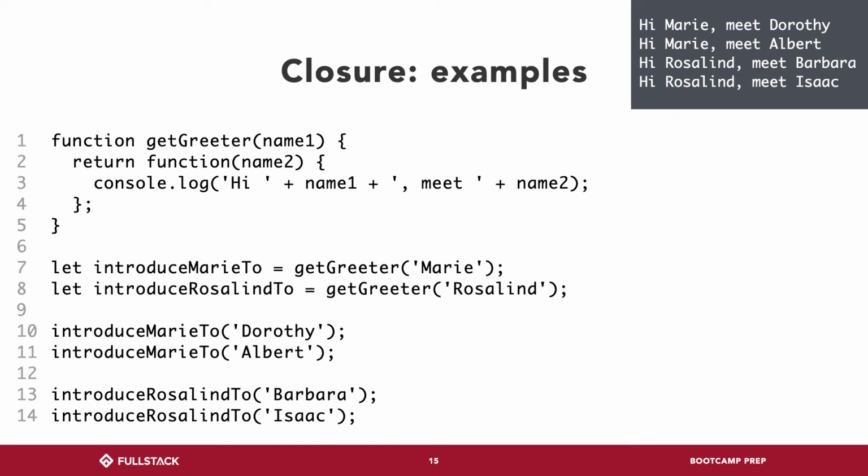We get hi Mary, meet Dorothy; hi Mary, meet Albert. And as you can see, what we're writing here, introduce Mary to Dorothy, gives hi Mary, meet Dorothy. It's very English, right? That's all there really is to this slide.